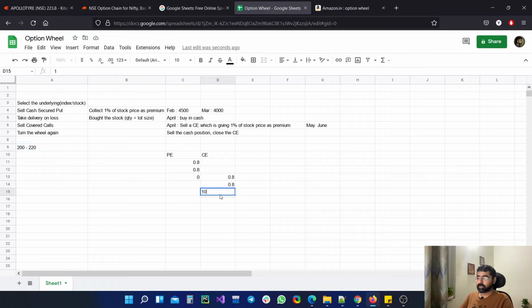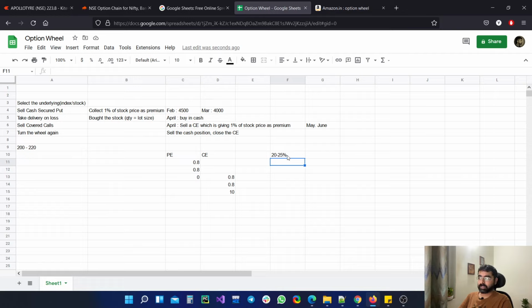Then that 10% move also comes, and in that month you end the wheel, or maybe you choose to rotate it again by going back to selling the puts. So on an average, this strategy is known to yield approximately 20 to 25% returns. But this can only happen if you have executed it very cautiously and you have tried to maximize your ROI in whichever way possible.